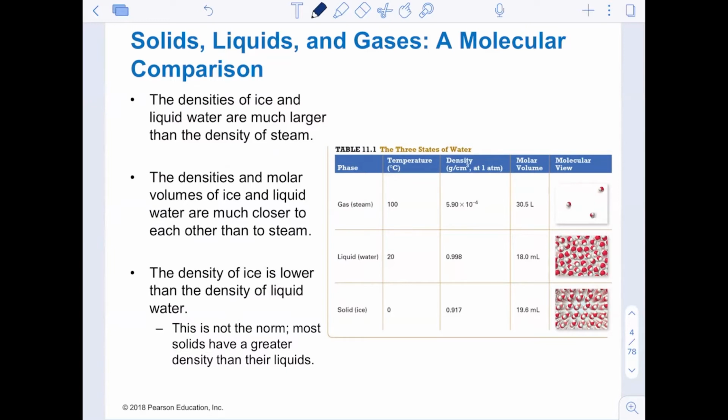Ice, solid water, has a lower density than liquid water because of the crystalline structure that it forms. It forms a very open crystalline structure, and that's why we see liquid water at 1 atm has a density of 0.998 grams per centimeter cubed, and once it gets into that solid ice structure, that state has a lower density because of the crystalline structure.